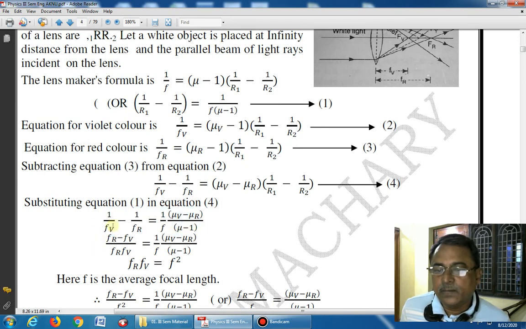And taking the LCM on the left side, I will get f r minus f v by f r f v is equal to 1 by f into mu v minus mu r by mu minus 1.